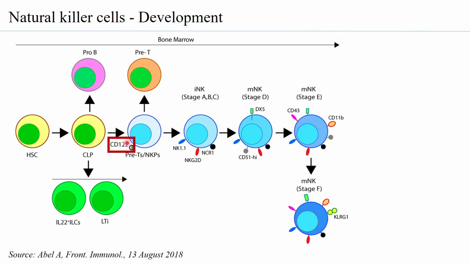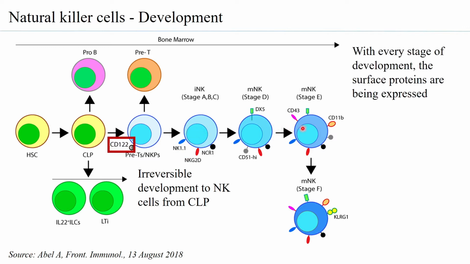This is actually CD122, a surface receptor that is present, and this is responsible for giving rise to an irreversible development from CLP to natural killer cells. So presence of this is extremely important. As you can see, as it moves forward, with every development stage, this is the initial natural killer cell leading finally to mature natural killer cell.